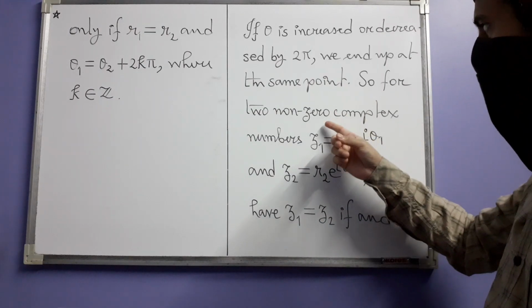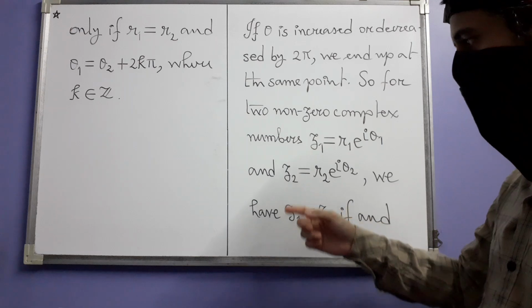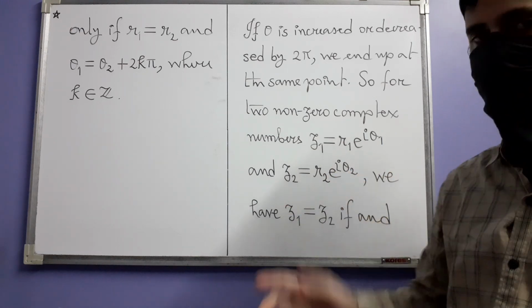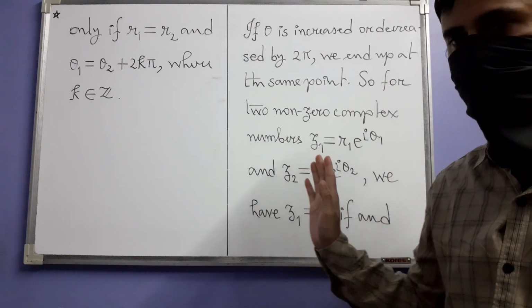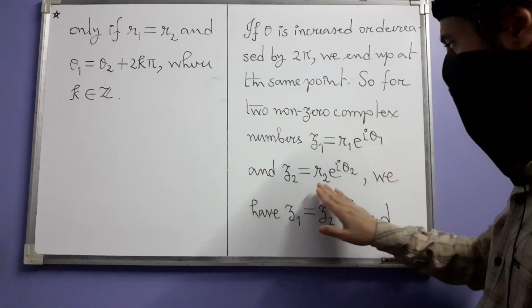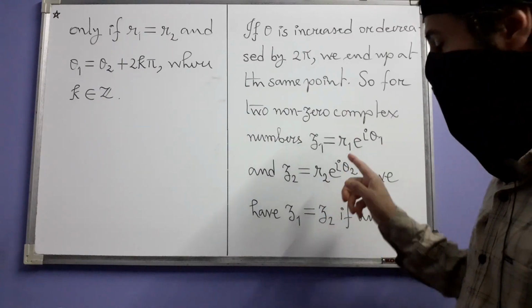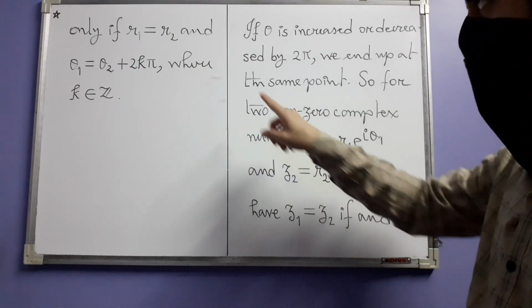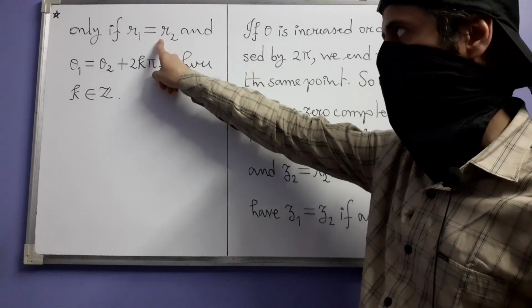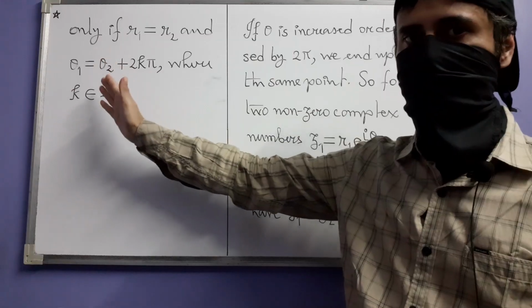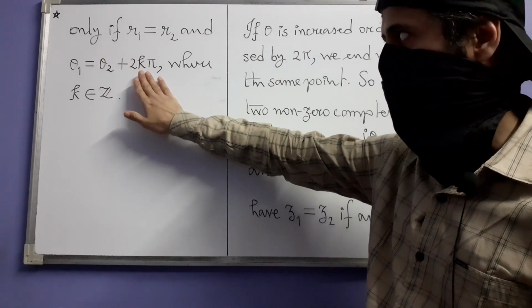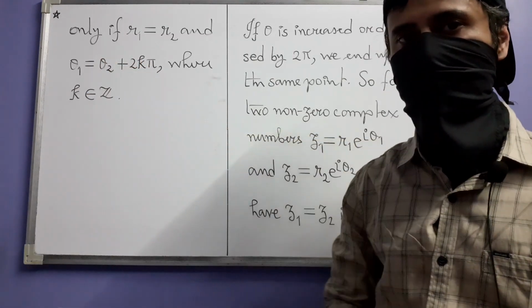Say you have two non-zero complex numbers z1 and z2 whose exponential forms are given: r1 times exponent of i theta 1, and for this one r2 times exponent of i theta 2. Then they are equal if and only if r1 equals r2 and theta 1 equals theta 2 plus some integer multiple of 2 pi, where k is some integer.